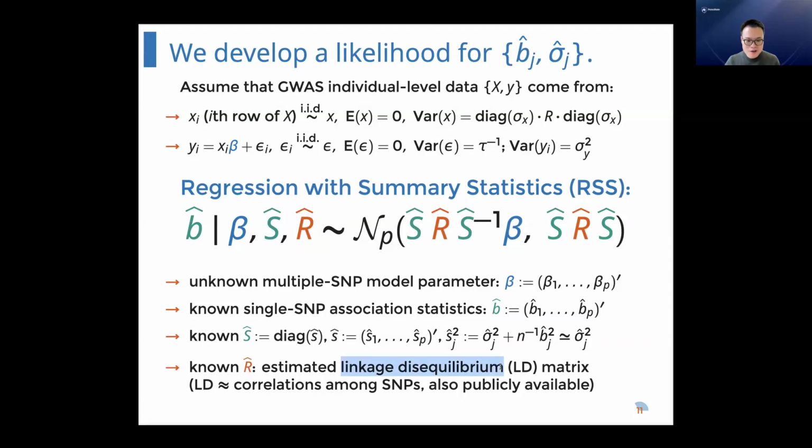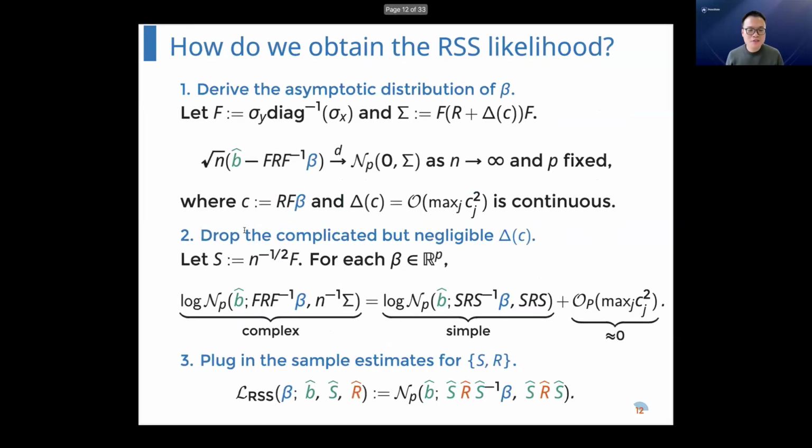For the audience who are not familiar with population genetic terms, you can just understand this as a correlation matrix between different SNPs. Once again, we have very reliable and high quality databases such as 1000 Genomes or gnomAD these days to help us estimate this kind of correlation matrix between SNPs. That means everything in this likelihood function is known to us except the parameter of interest, the multiple regression coefficient.